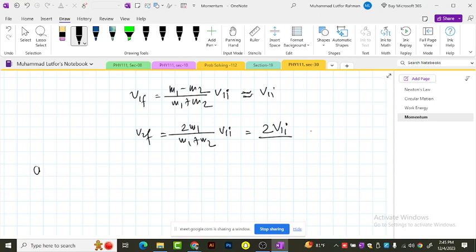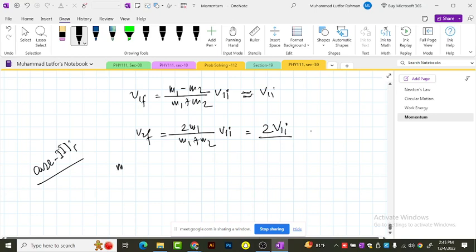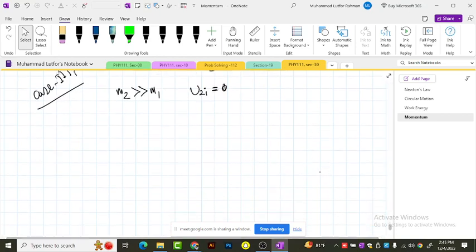If we consider the opposite case, case number 3, I'm considering m2 much greater than m1, and v2i equal to 0. Then again the second term is going to be 0.